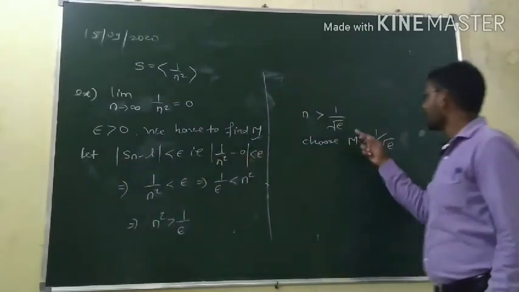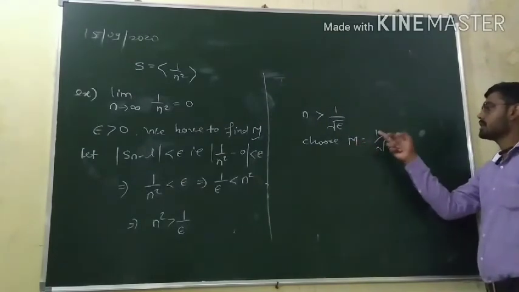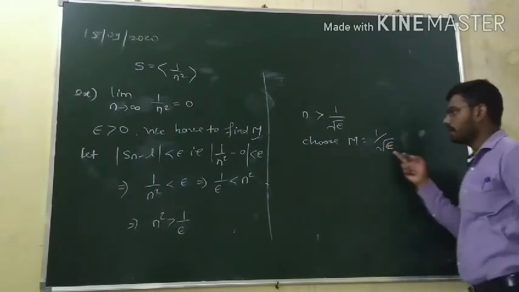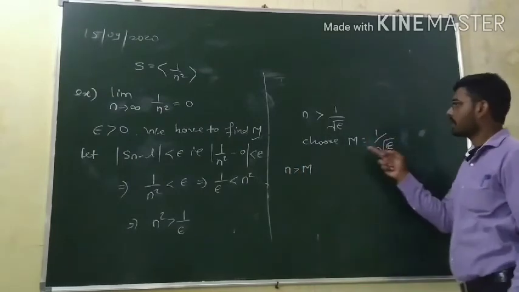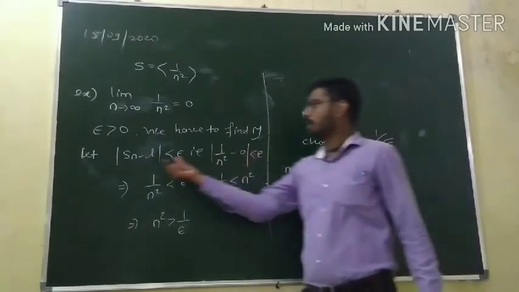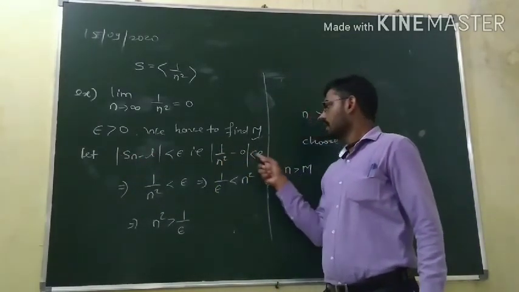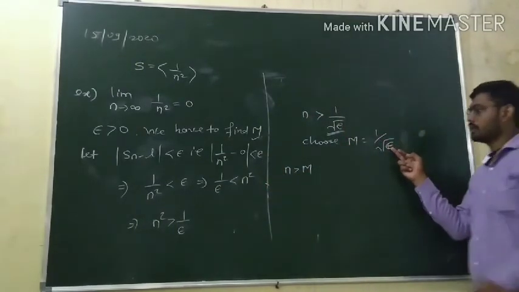So this is our required value of m. So we choose m is equal to 1 by square root of epsilon. Then whenever n is greater than m, the difference between the sequence 1 by n square and the limit 0 becomes less than epsilon.